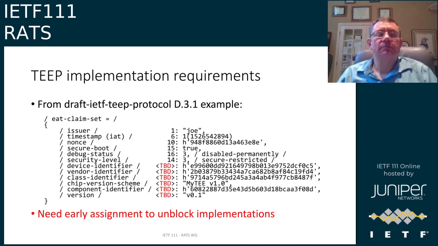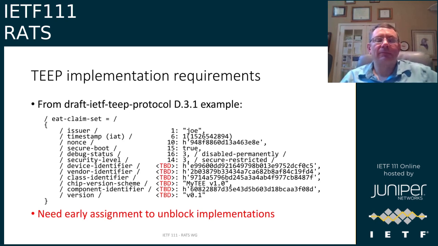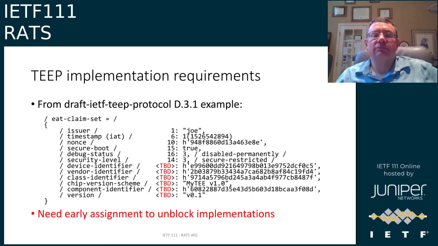Just on early assignment, we've done early assignment once. I'm not sure for EAT how many times you can do it. It seems a little, but it also seems not that bad to assign temporary identifiers out of the more open space, and then you have to have a transition.